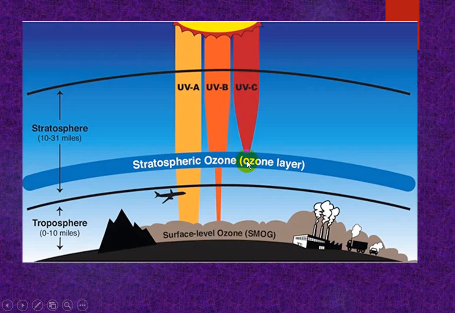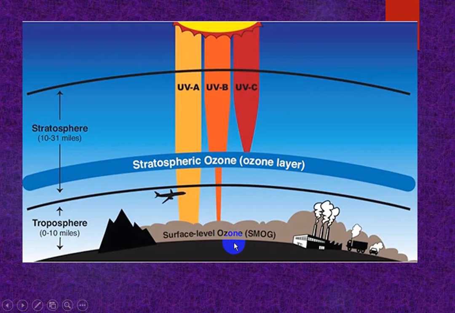But because of using CFC, chlorofluorocarbon gas, which contains chlorine, the layer is damaged. Chlorofluorocarbon is used in the refrigerator and air conditioner. This chlorofluorocarbon does not break down at the Earth's surface.